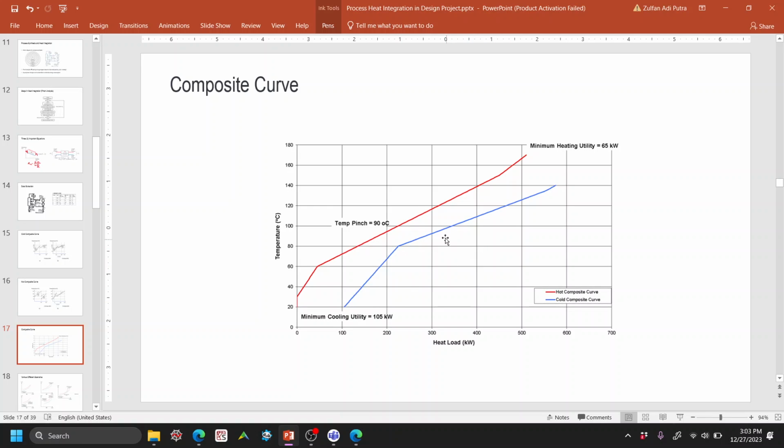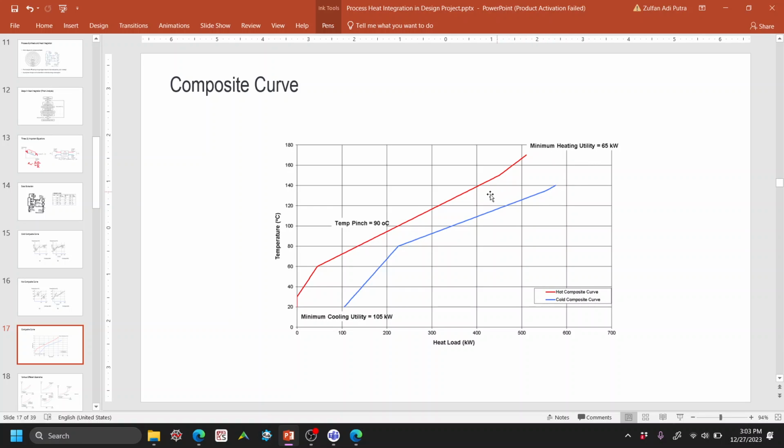And then you will see, if we move it to the right, you can imagine that the overlapping area becomes reduced, while the non-overlapping area, for example in this heating utility, will become larger. So if we move this blue line to the right, that means we will increase the minimum heating utility.